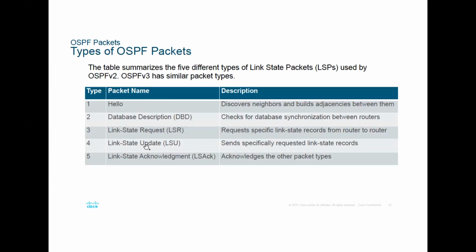Fourth, link state update or LSU, sends specifically requested link state records. Fifth, link state acknowledgement, LSACK, acknowledges the other packet types. Okay, these are the packets available in OSPF, either version 2 or version 3.